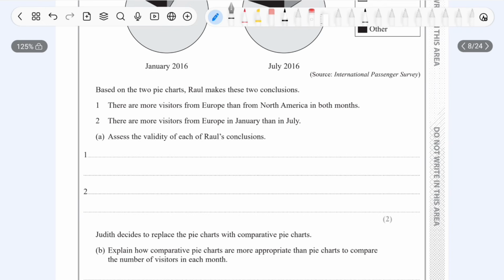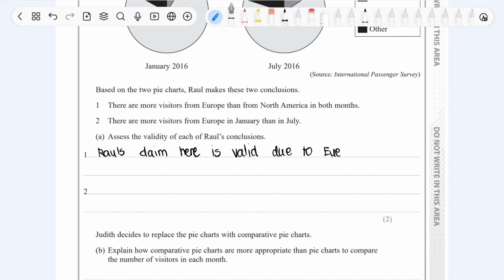So I'm going to put Royal's claim here is valid due to Europe. Oh, terrible spelling.